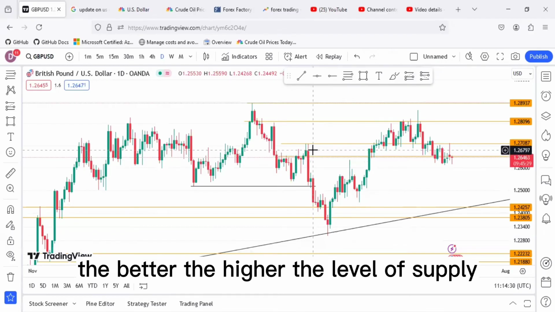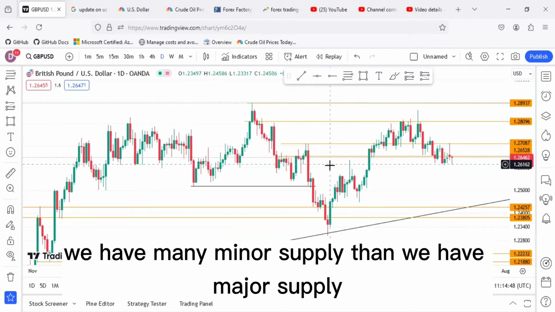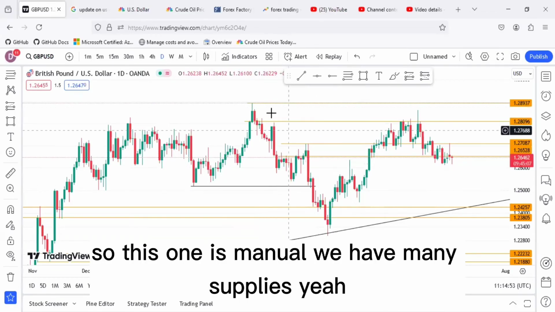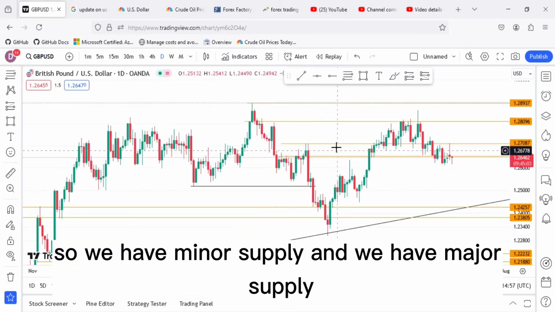The higher the level of supply, the better the setup. Like this one, we have many minor supplies and we have major supplies. This is one supply, this is another supply. So we have minor supply and we have major supply.